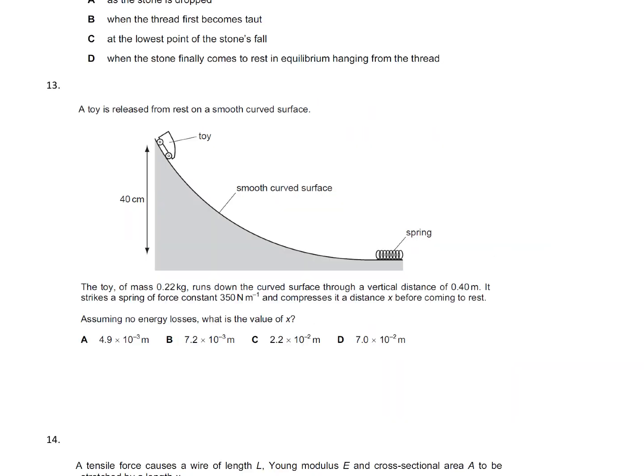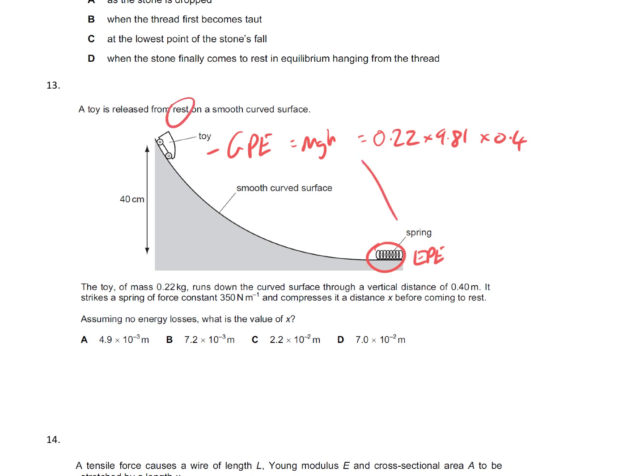This one wasn't great either. So what is the value of x, which is the compression or the extension, but the compression in this case. Now up here it's going to have GPE. Let's calculate the energy at the top because that will all become elastic potential energy at the bottom. So 0.22 times 9.81 times by the height 0.4. So if that's the energy at the start, the GPE, it's not moving, it's at rest, so that's the only energy at the start.